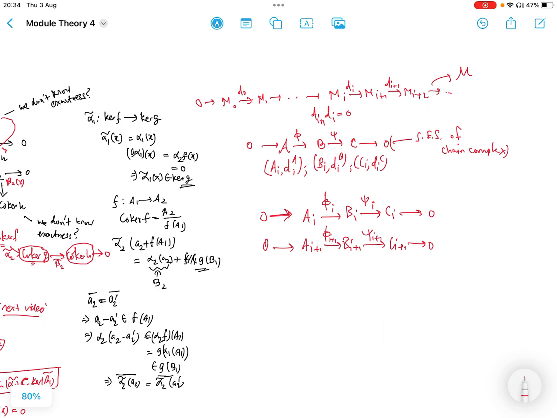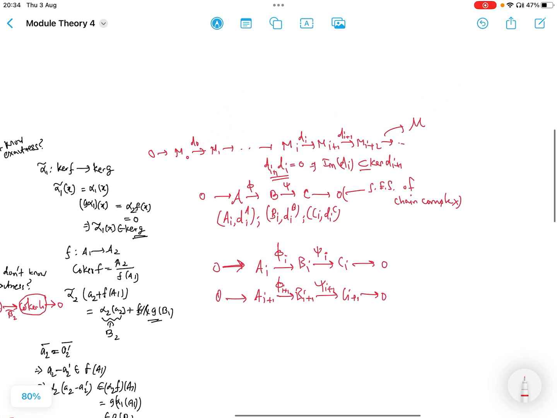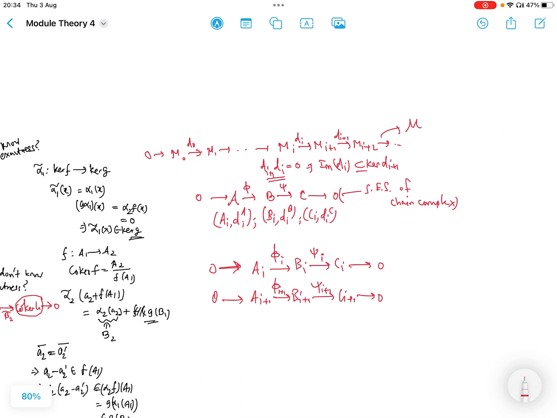From here you can take this image, which is inside this, right? So we can talk about the quotient module, because this makes sense. And this is what is called the homology group at the ith level.